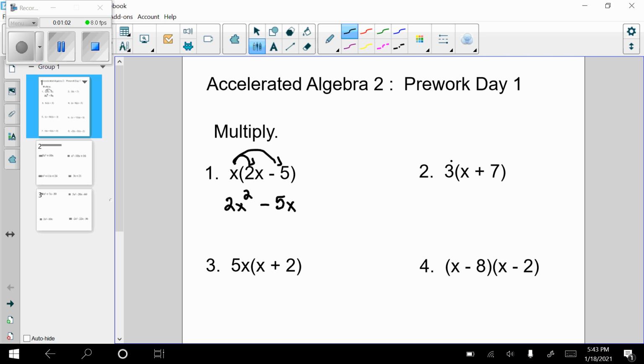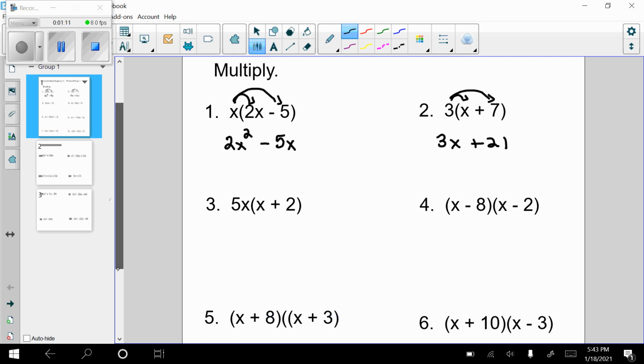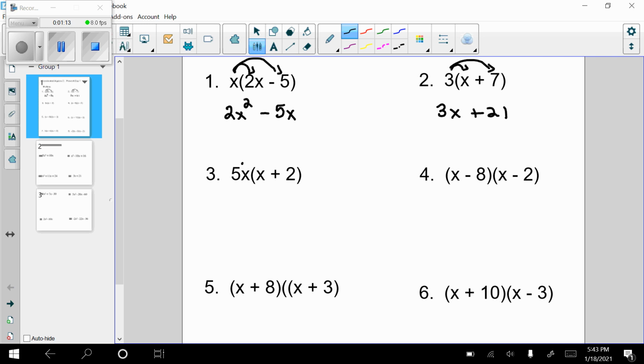The second one, we're just distributing this basic 3. So I have 3x plus 21. For this third one, I'm distributing 5x inside the two numbers in the parentheses. So I have 5x squared plus 5x times 2 is 10x.